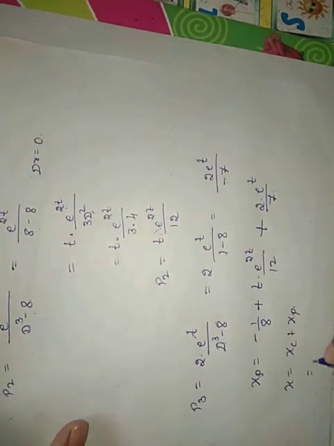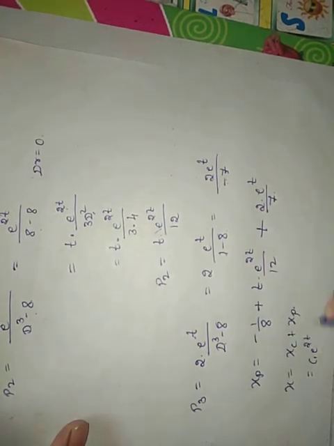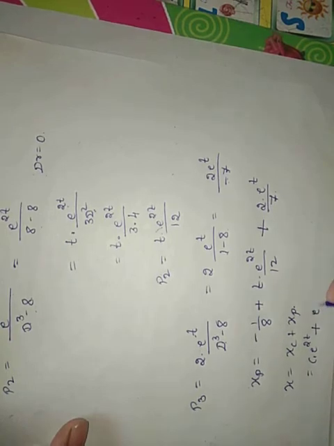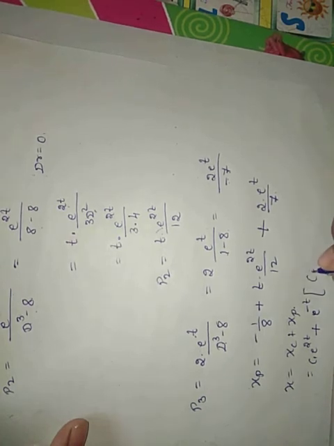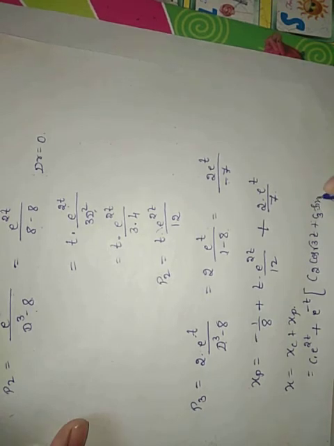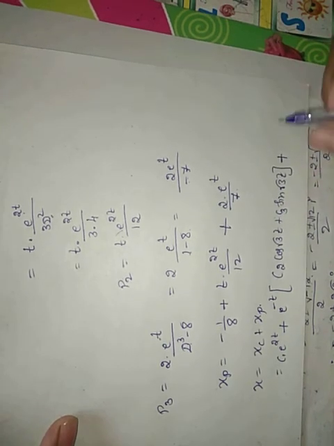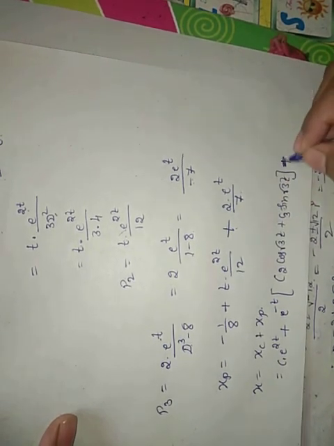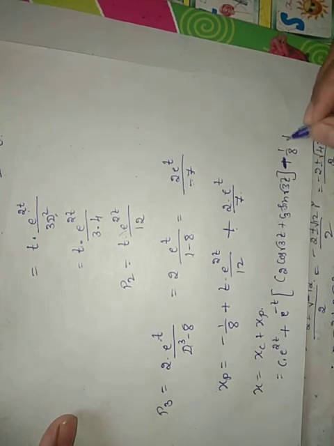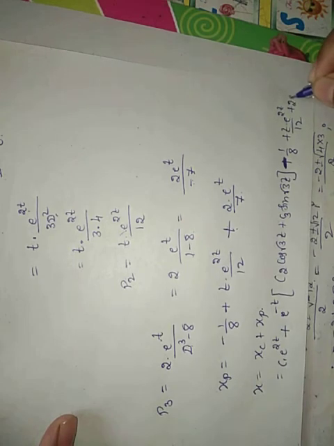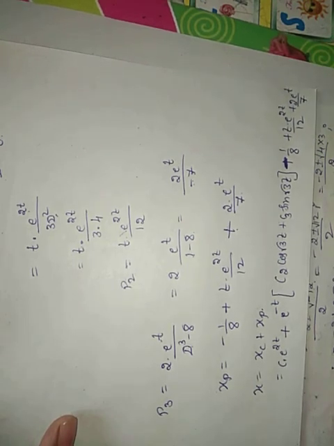So x is equal to c1 e raised to 2t plus e raised to minus t into bracket c2 cos of root 3t plus c3 sin of root 3t, plus xp, which is minus 1 by 8 plus t into e raised to 2t by 12 plus 2 into e raised to t by 7.